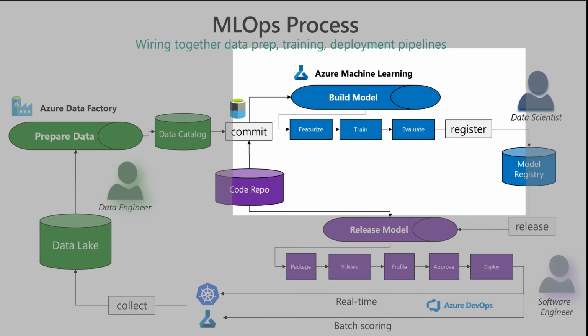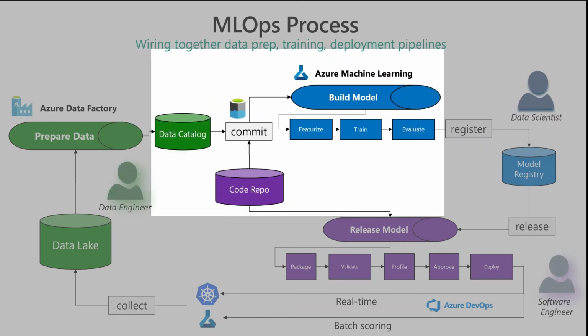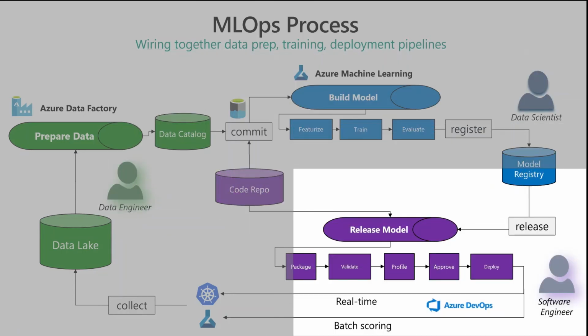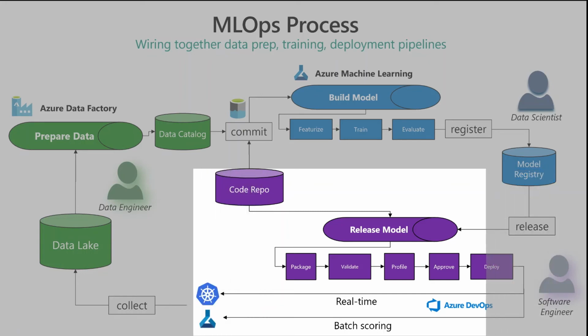Here, once we get new data, we kick off the build pipeline. Then the ML software engineer takes the model, the persona who kicks off the release pipeline, packages the model along with all the dependencies needed to create that model in a runtime environment, whether it's a batch scenario or a real-time scenario, and then profiles and checks whether you are getting the required throughput for your predictions.